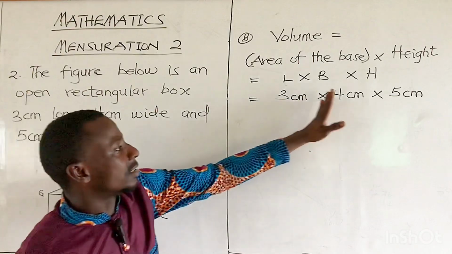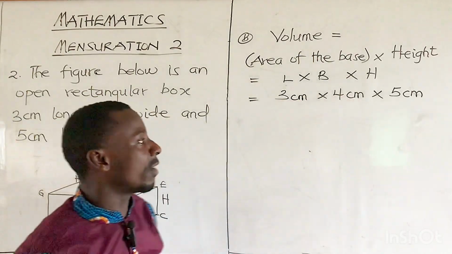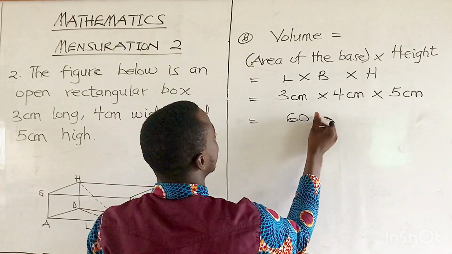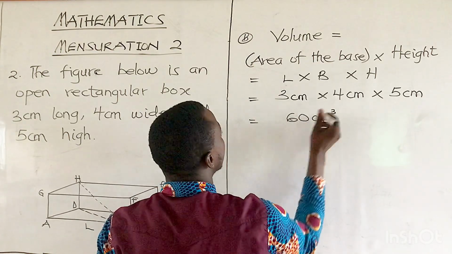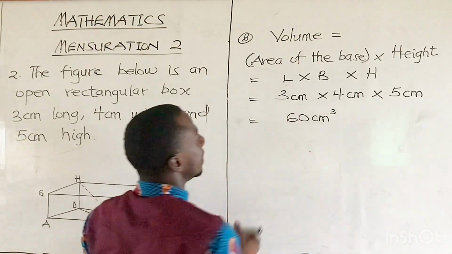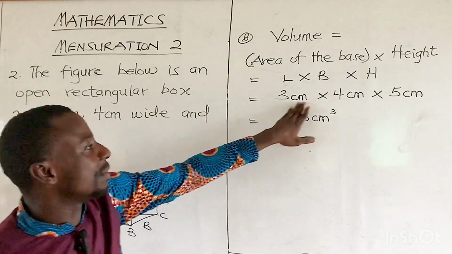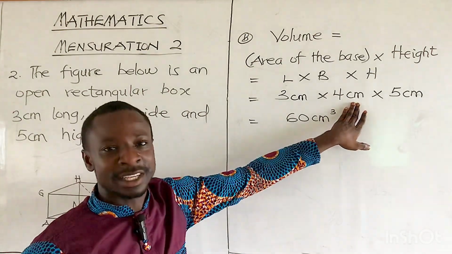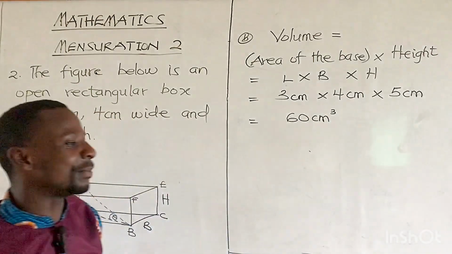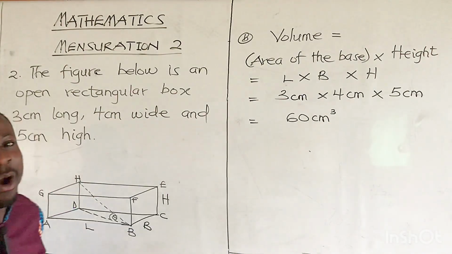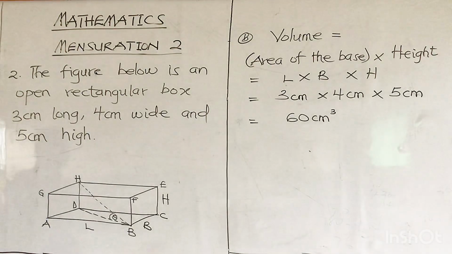And 3 times 4 times 5, we have 60 centimeters cubed. So centimeters times centimeters is centimeters squared, times another centimeters, we have centimeters cubed. And that is the volume of the rectangular box.